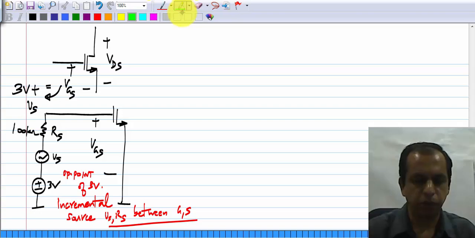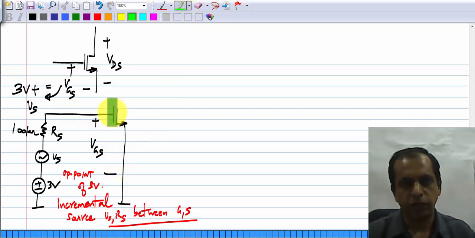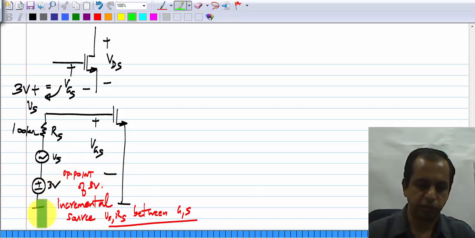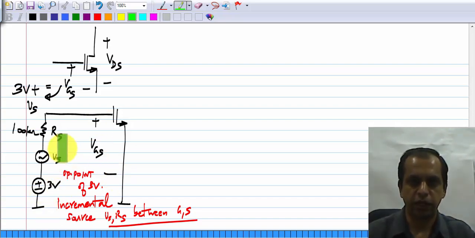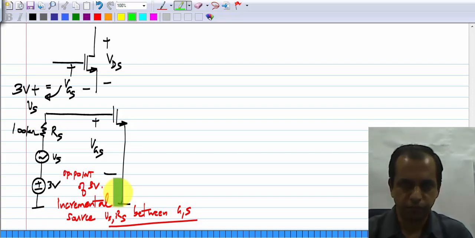And if you are not completely convinced, you can simply evaluate VGS. No current is flowing into it. You can see that the voltage that appears here is simply 3 volts plus Vs. So, this arrangement provides an operating point of 3 volts and an increment of Vs between VGS. So, that part is okay.